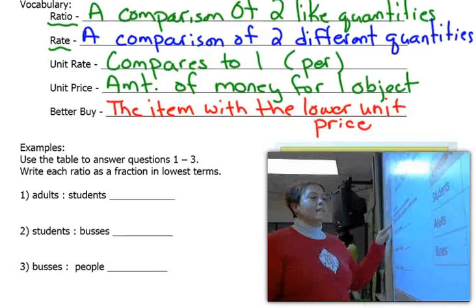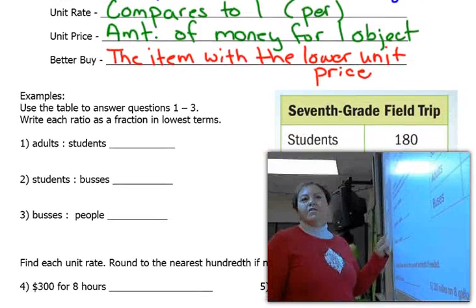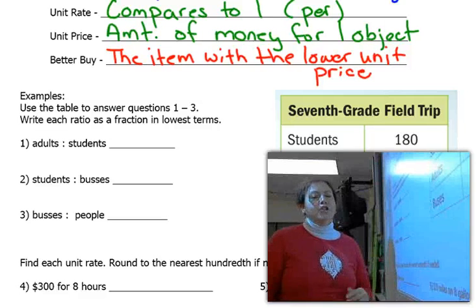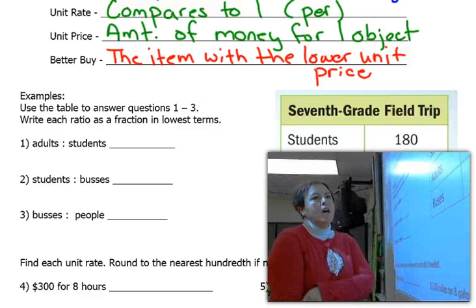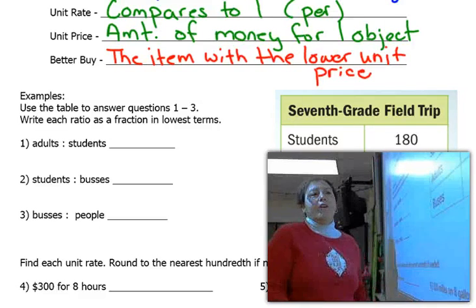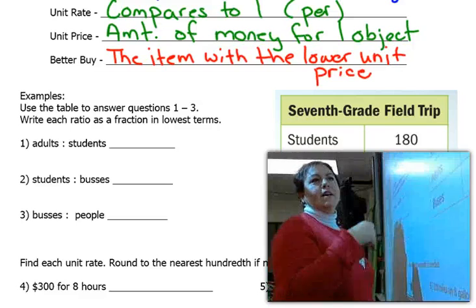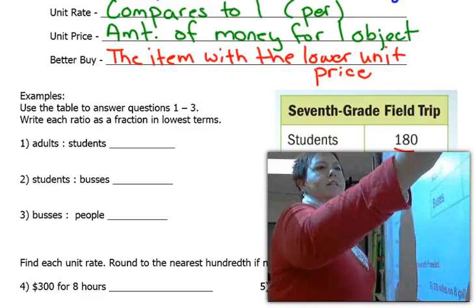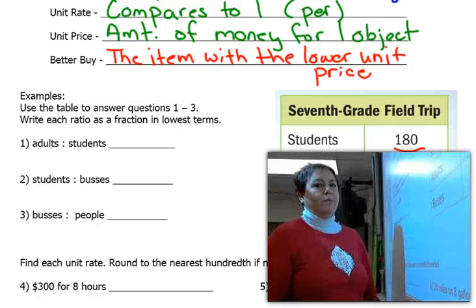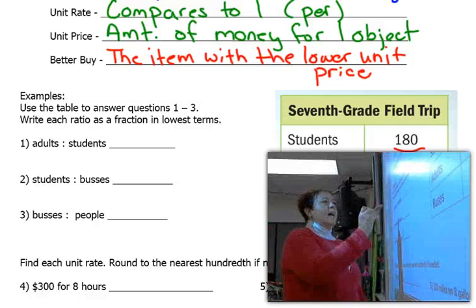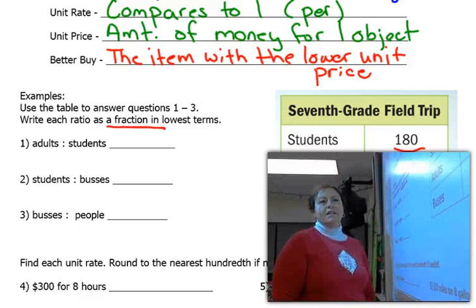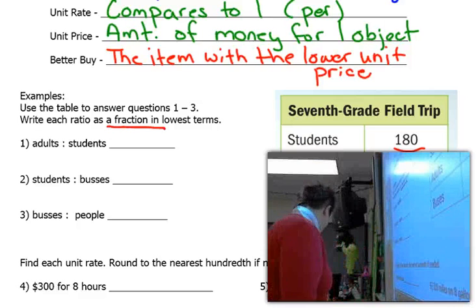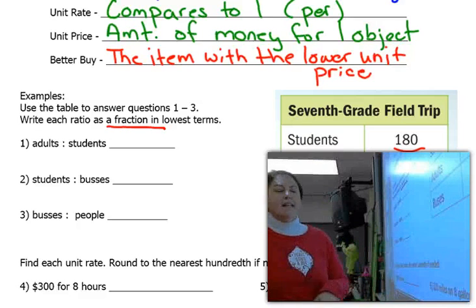All right, so let's get to some examples here. We're going to start off just with some practice of writing ratios. This should be review from 4th, 5th, and 6th grade. Hopefully it is. So over here you'll see we have some information about a 7th grade field trip, how many students, adults, and buses there were. And we're going to be writing the ratios. It asks us to write them as a fraction, and it does want us to reduce those to lowest terms. So I have my handy dandy calculator.